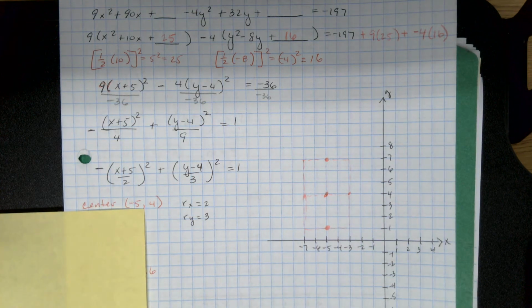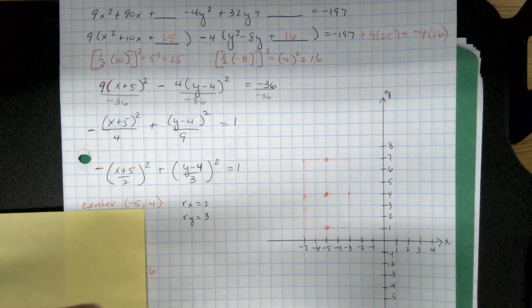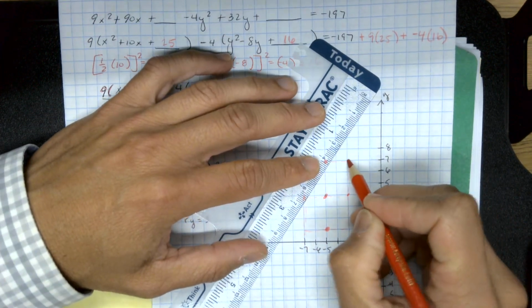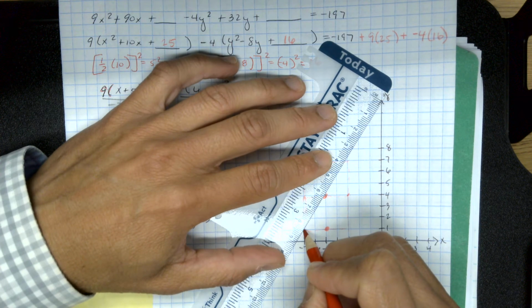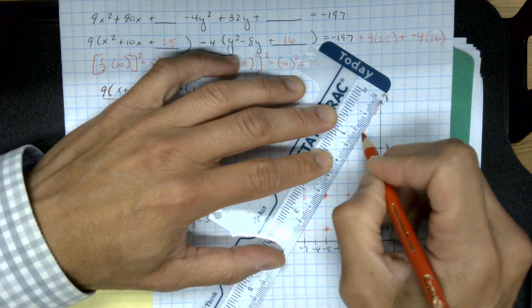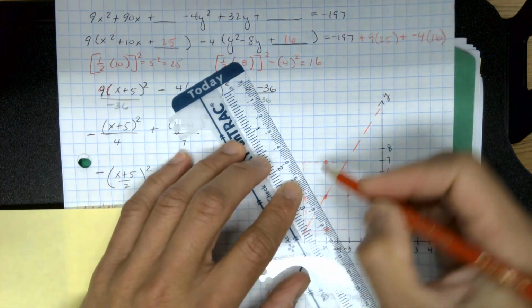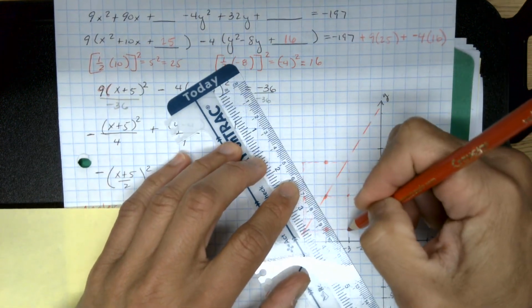All right, and next, we're going to make our diagonal asymptotes. So you go from this corner to this corner, and you go from this corner to this corner.